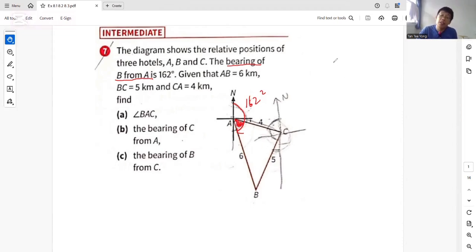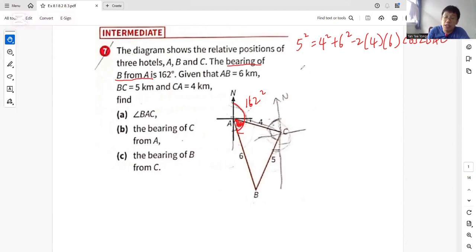With this, I'm going to use the cosine rule for 7A, angle BAC. Let me shift this over. We will have 5 squared equals 4 squared plus 6 squared minus 2 times 4 times 6 times cosine angle BAC.